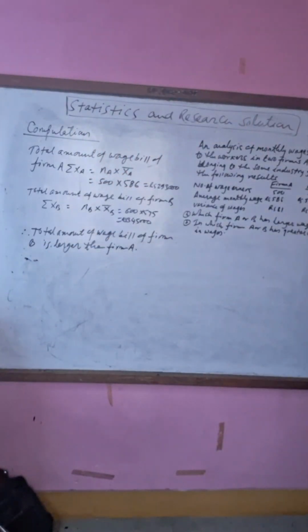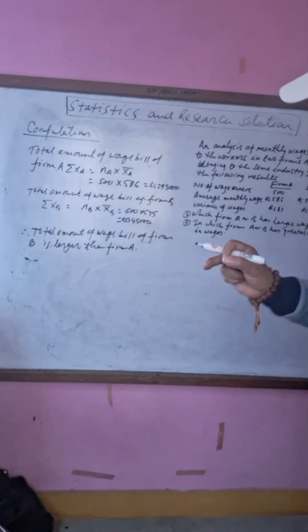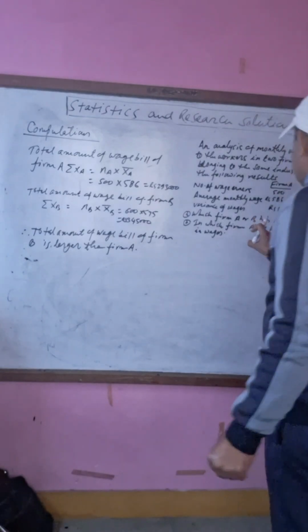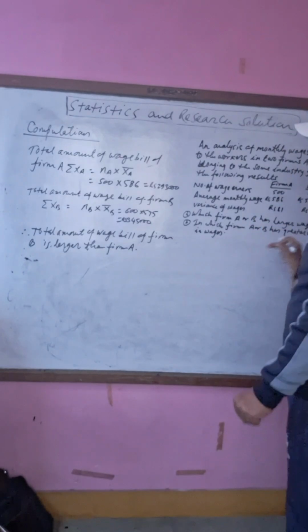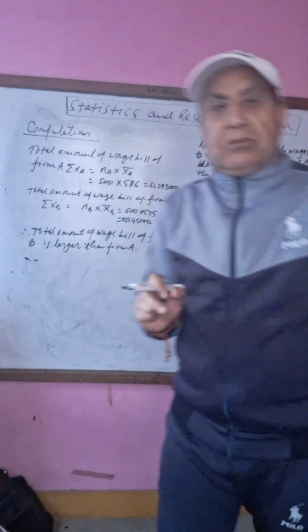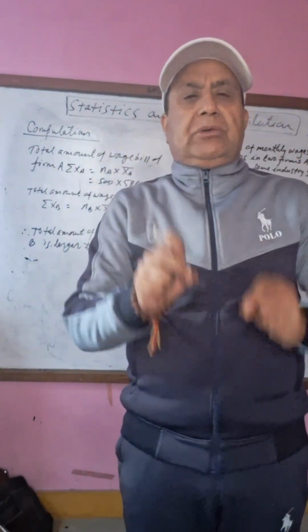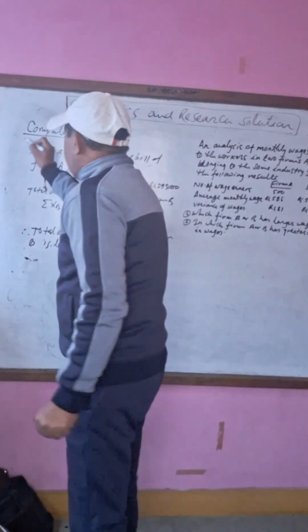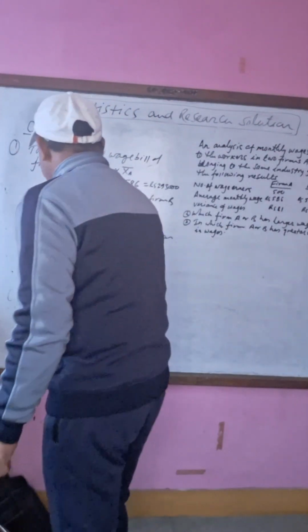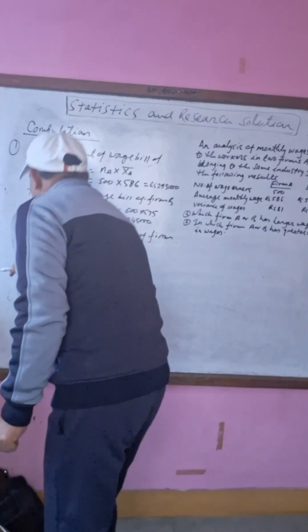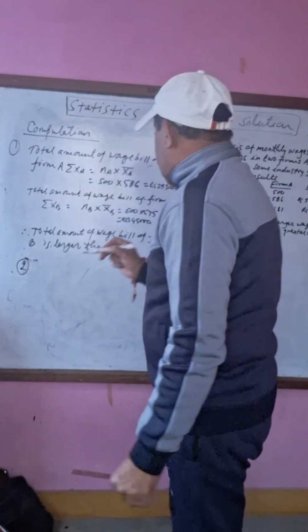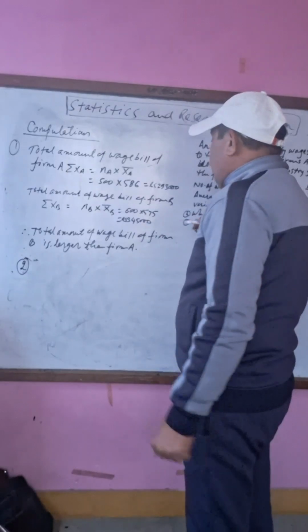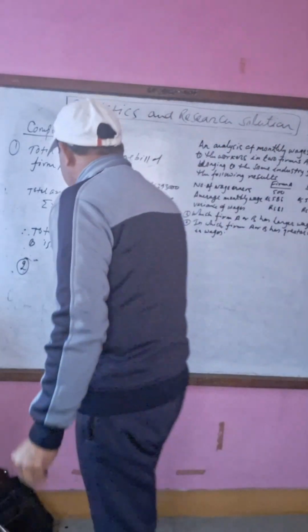And now the second question: which firm, A or B, has greater variability? We need to calculate CV for variability.